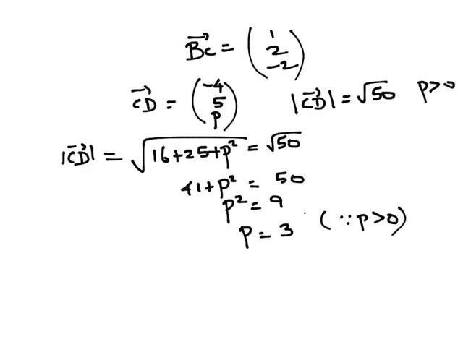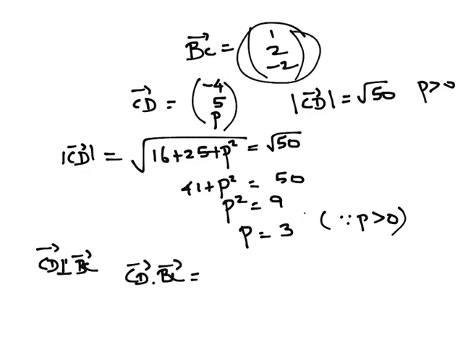Now finally, you have to show that CD is perpendicular to BC. How do you show that? Very simple. I find the dot product of CD and BC. So 1 into minus 4 plus 2 into 5 plus minus 2 into P, which is 3.